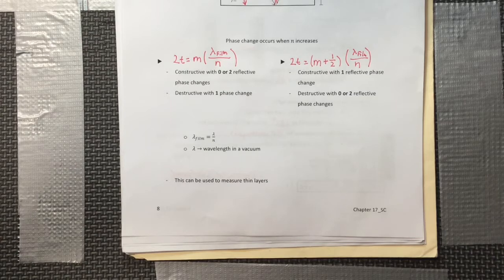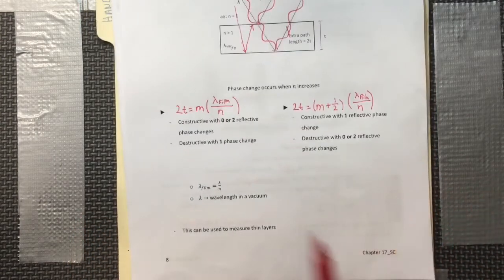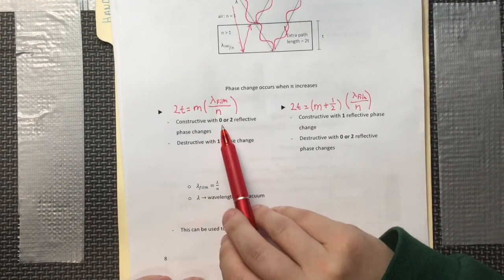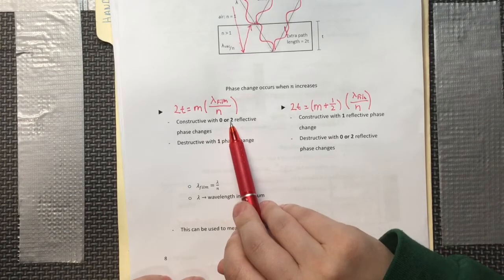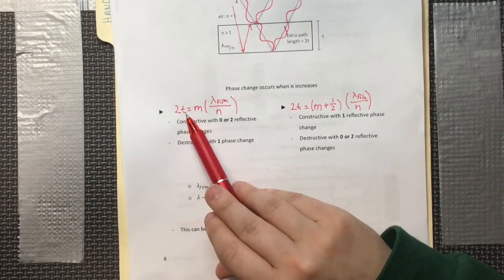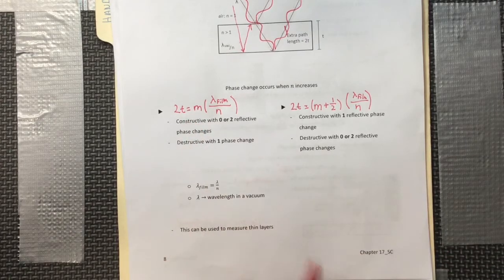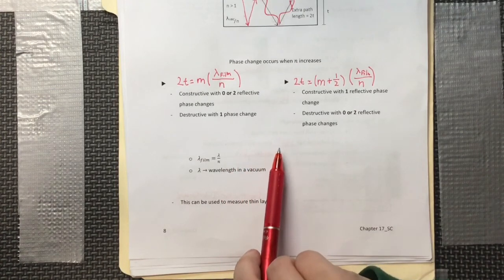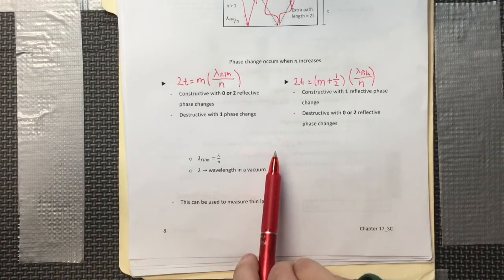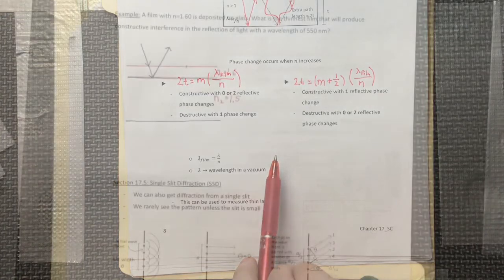The usefulness of this is that we can use it to measure thin layers. So let's say that we have constructive interference with 2 reflective phase changes. How thick is the film? That could be something that you're asked. So if this doesn't seem to have a whole lot of context yet, that's okay. We'll get into it on the next page.